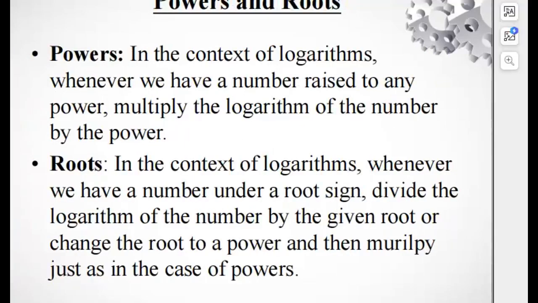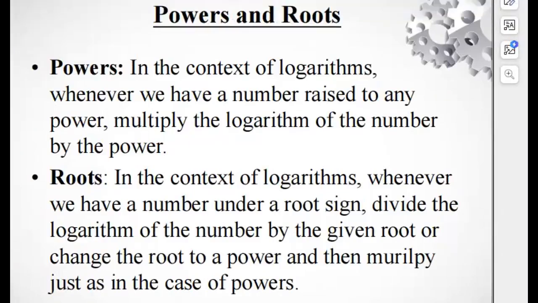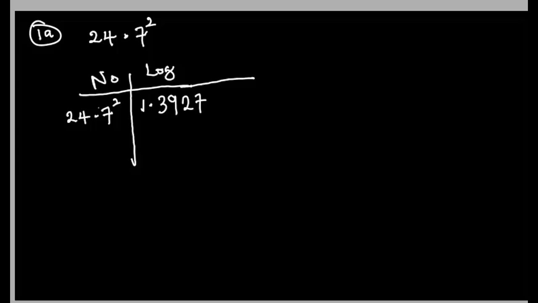In the context of logarithm, whenever a number is raised to any power, just multiply. This is a square, the power of 2, so multiply by 2, and whatsoever answer you get, you write it somewhere. On your calculator, when you press 1.3927 times 2, it gives us 2.7854.